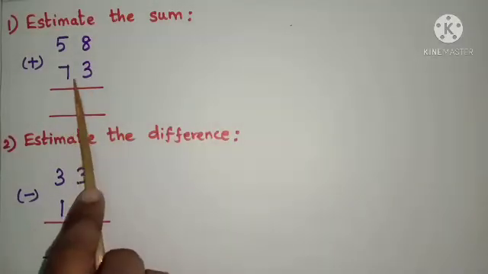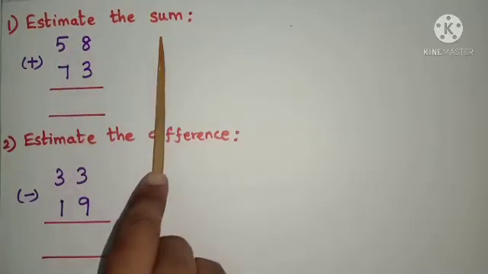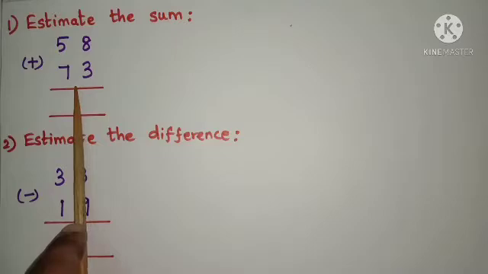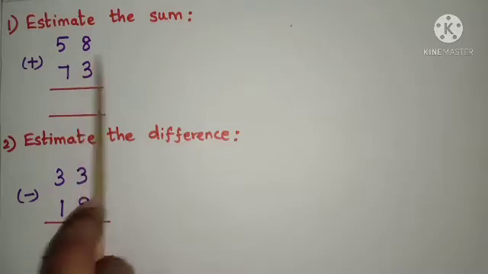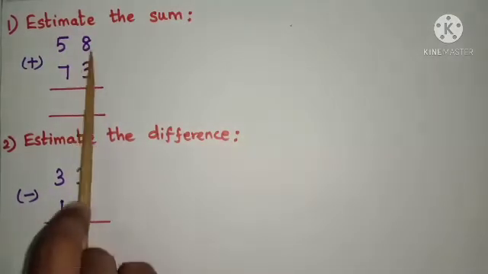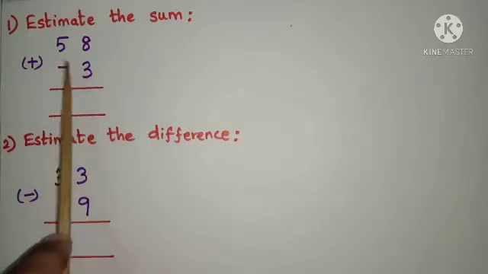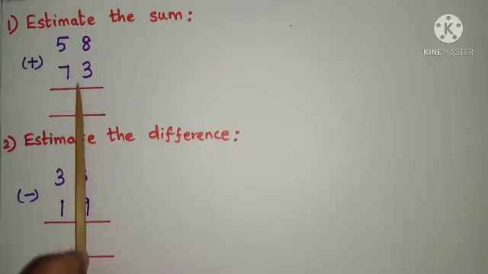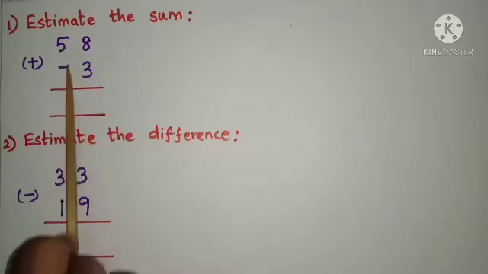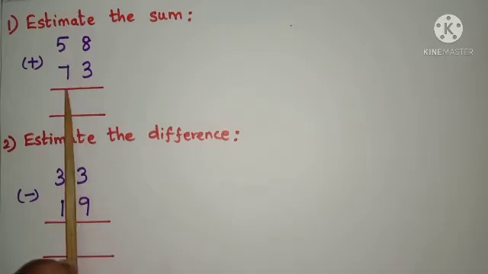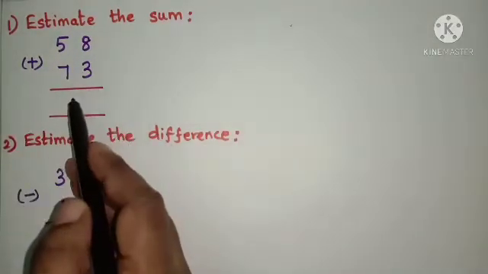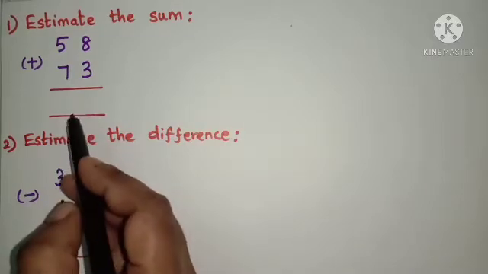Children, now let us see example 1. Estimate the sum 58 plus 73. Now, we know that to estimate a number means to round off each number to its nearest tens, and then add these two numbers. First, let us find the actual value, which means just adding these numbers in the usual method.